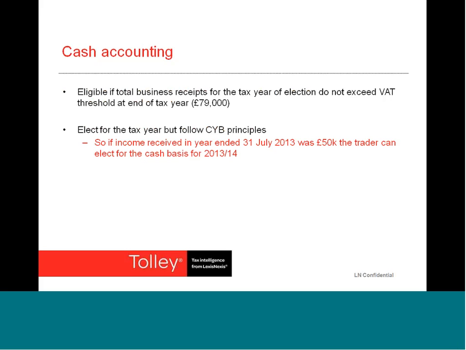So if my income is for the year ended July 13, current year basis ends in 13/14, my turnover is 50,000, that's less than 79,000, so in 13/14 I can, if I wish, use cash accounting. And once I've elected to go into cash accounting, the election applies for my current year and subsequent years.